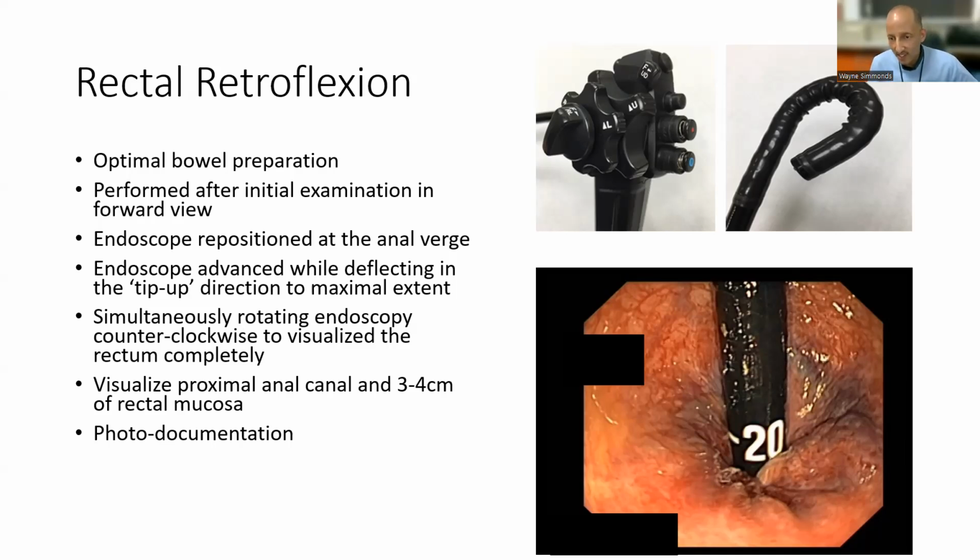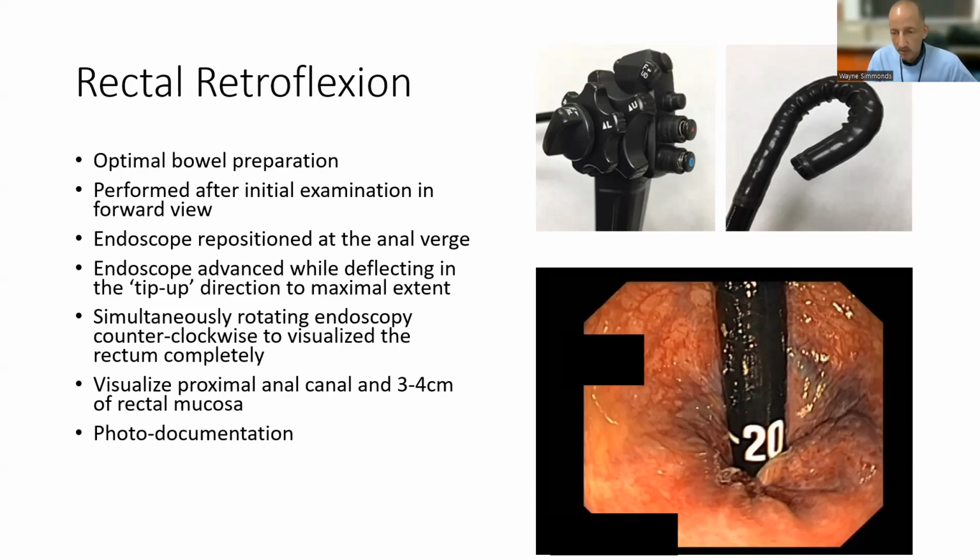And I always find the 20 centimeter marker handy as a sign of successful retroflexion. From there, you can move further counterclockwise or clockwise to complete the visualization of the anal canal that's visible at the bottom, and then 3 to 4 centimeters of the rectal mucosa that is then visible on retroflexion.